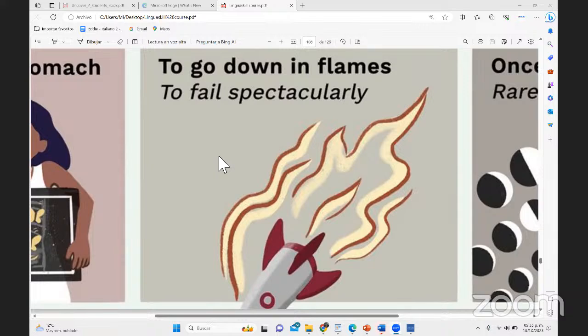In the second case, when they say to fail spectacularly, I can imagine that this person, when they feel excited about something, feels comfortable, sure, secure, with self-confidence.